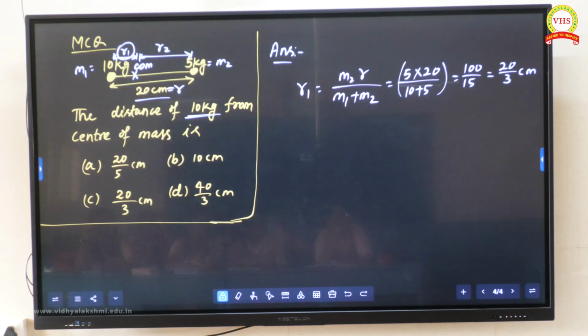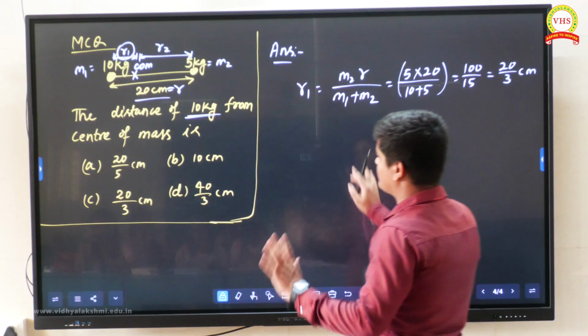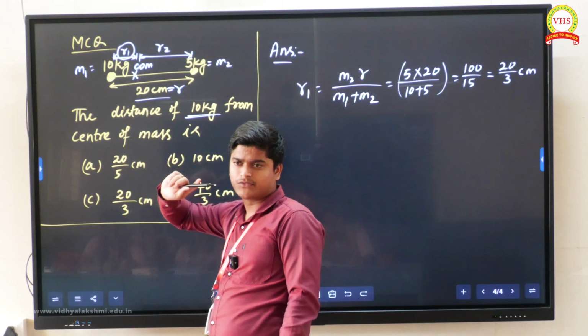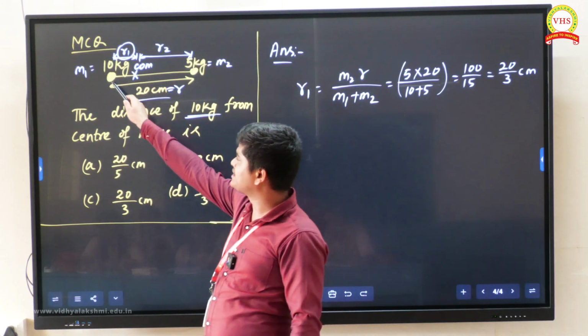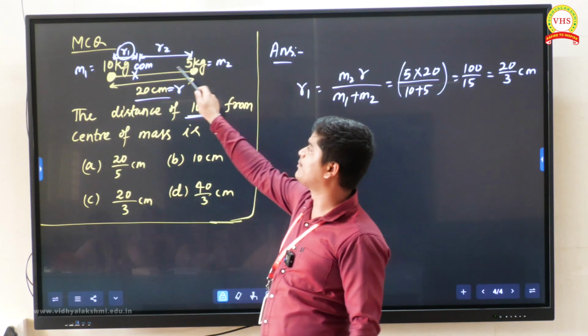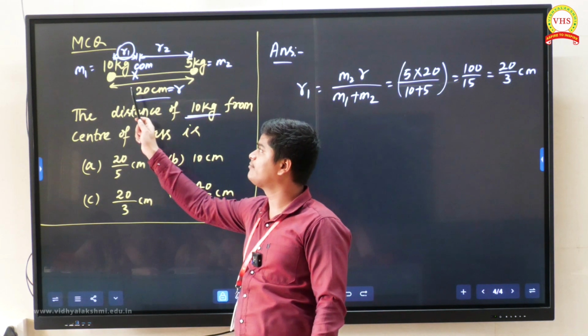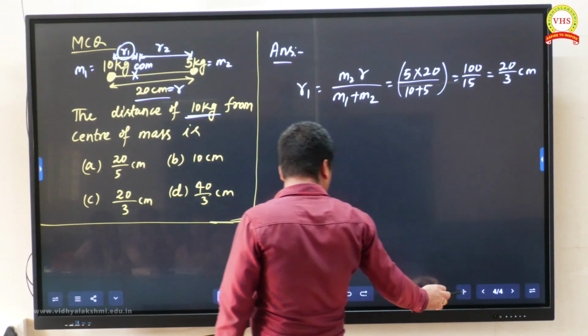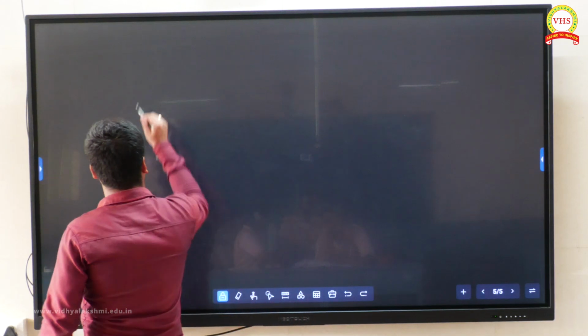One question I'll give you, try. Everyone roughly calculate. Just remember the formula. You check how to find R1, R2. But remember, if you are finding from the 10 kg, first you take the 5 kg here, then multiply with the whole distance between them and divide by the addition of the masses. So now take this question, try to calculate.